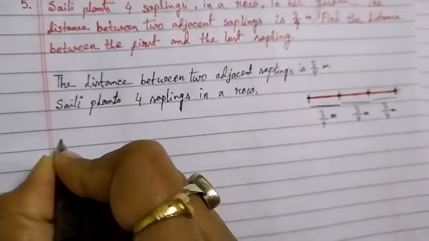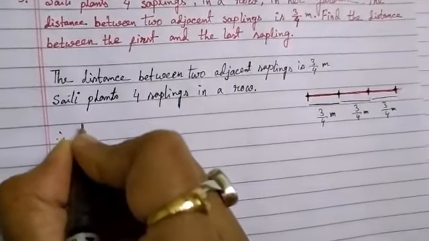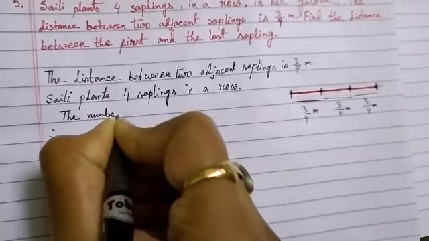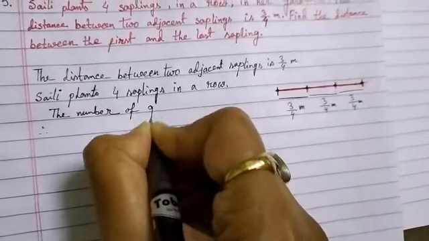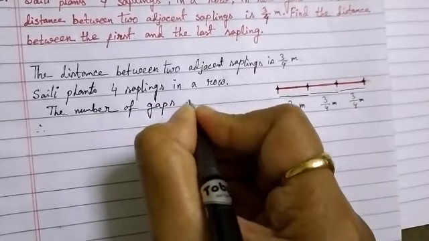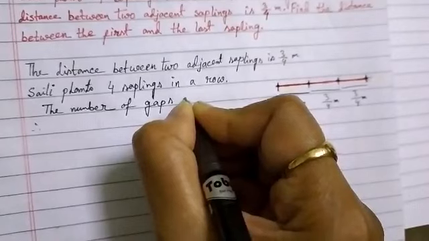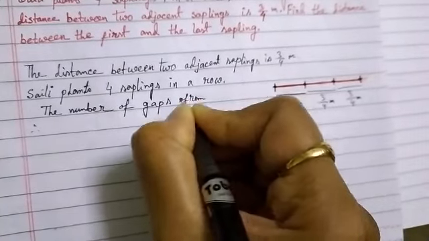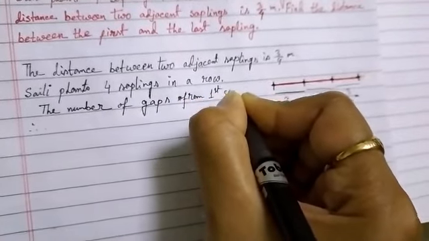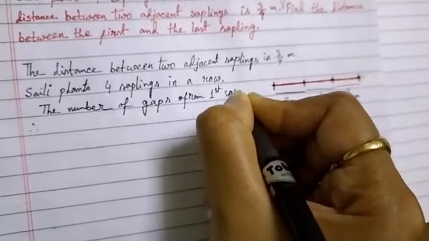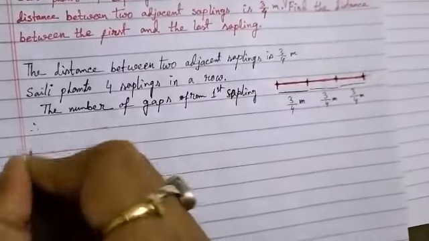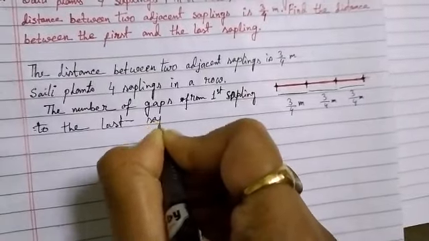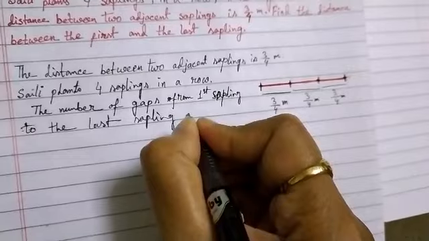Then, therefore, one thing you have to write here: the number of gaps from first sapling to the last sapling is equal to 3.